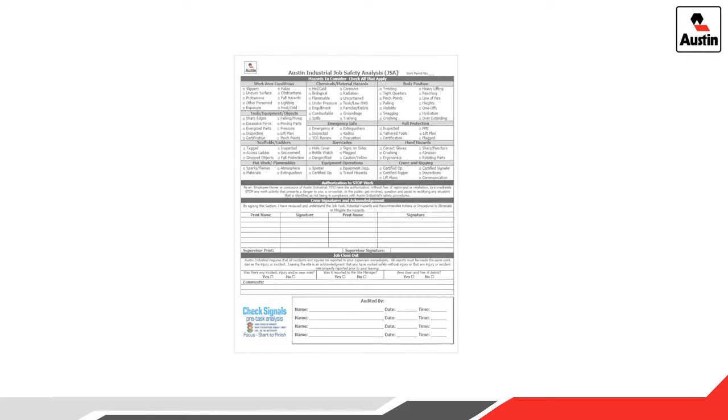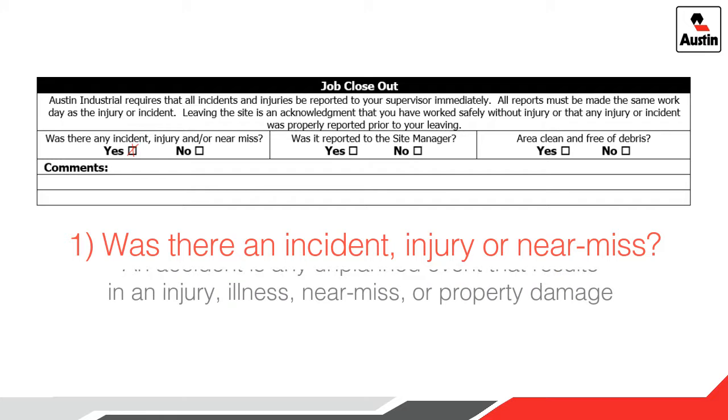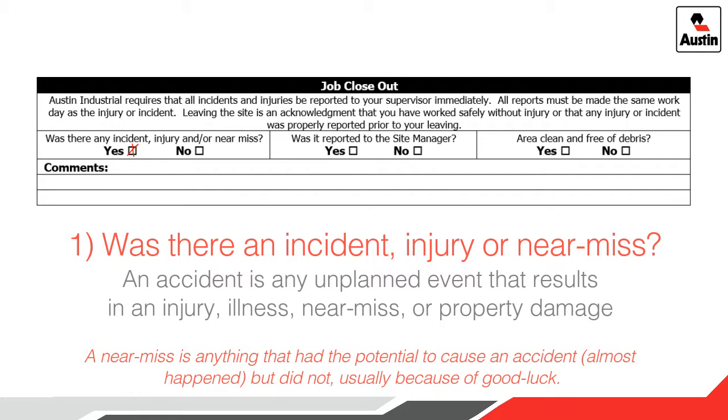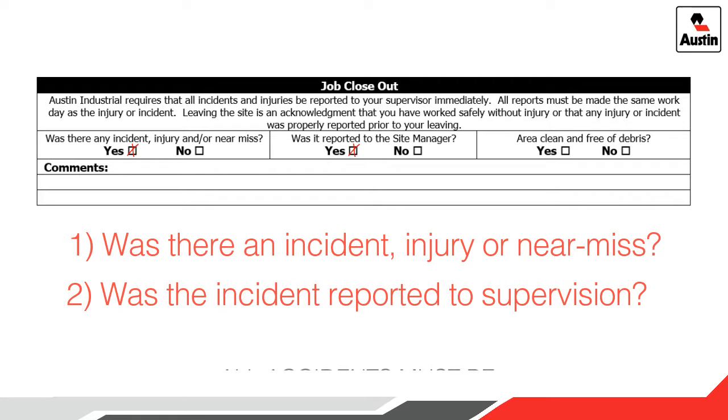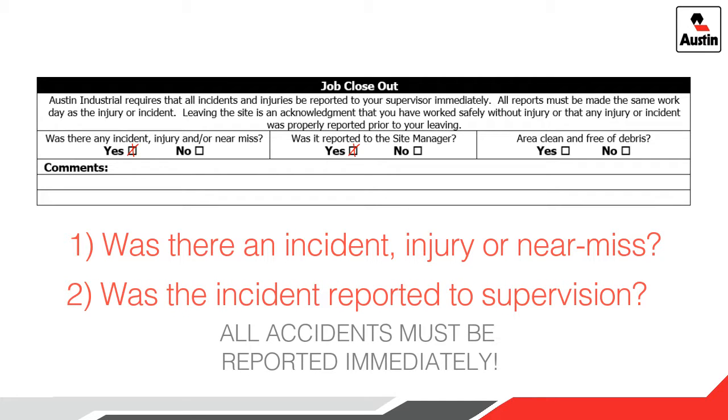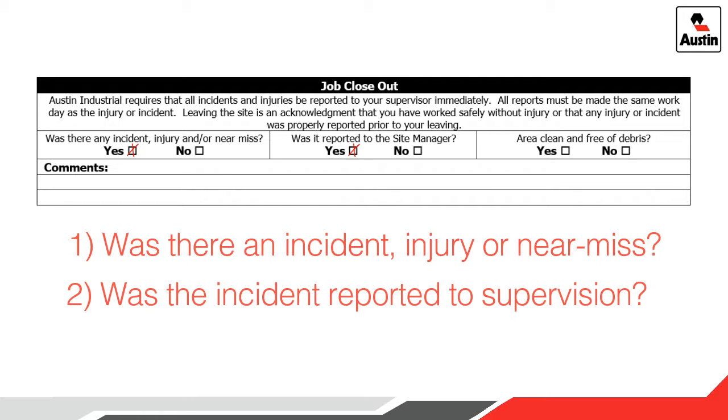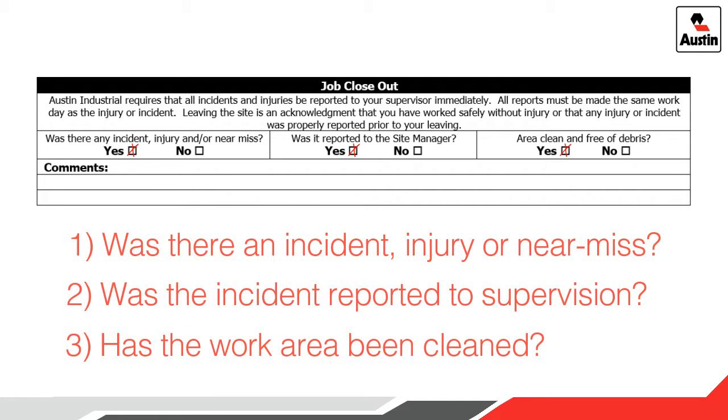It then asks you some questions. First, was there any incident, injury, and/or near miss? Second, was this incident reported to your safety department or highest level of supervision at the job site? And third, did you clean your work area before leaving? Is all trash and debris cleaned up?